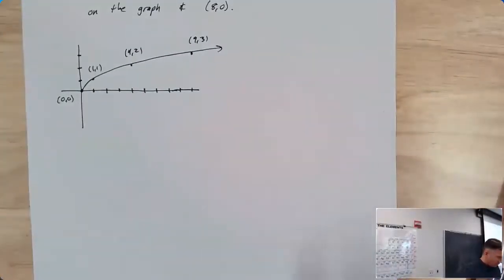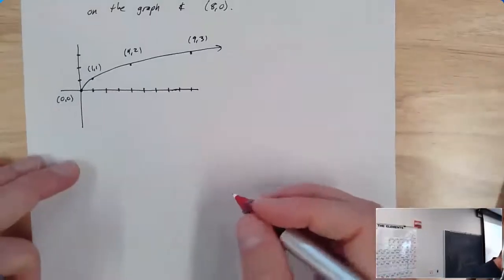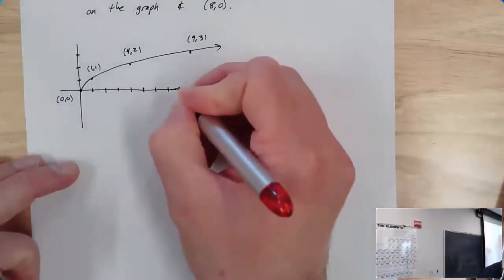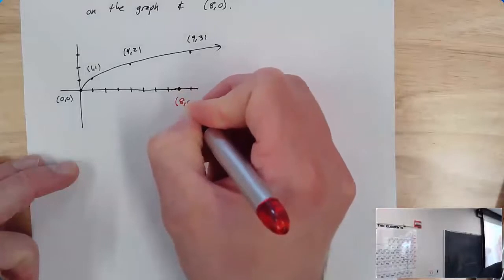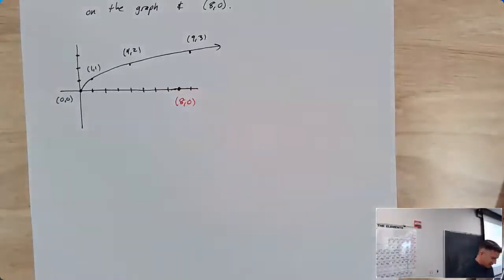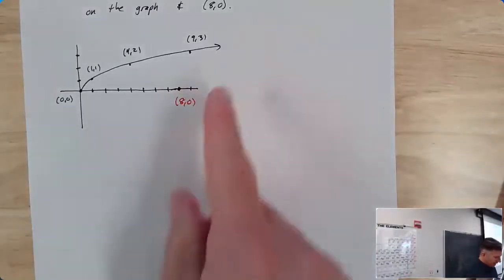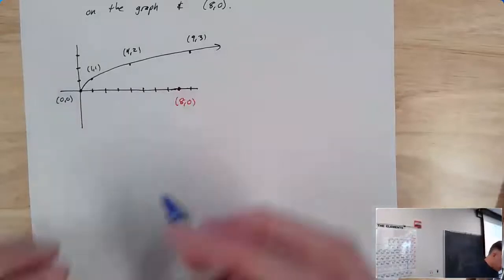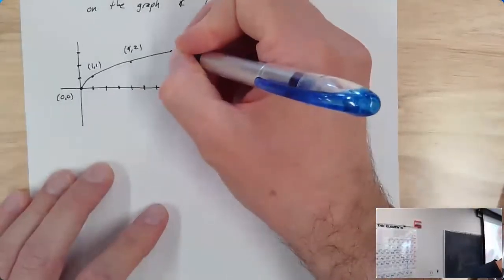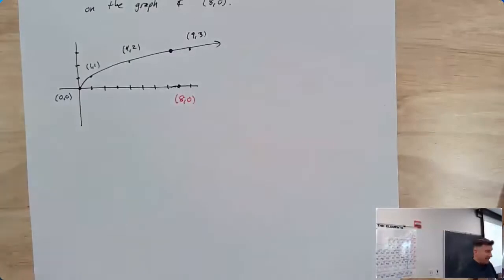And then we're looking for the point on this graph that is closest to the point (8, 0). I don't know exactly where it is. It's not a nice point. It's probably somewhere about right there. So that point that I don't know, I'm going to give it a name. Typically we give points names like (x, y).